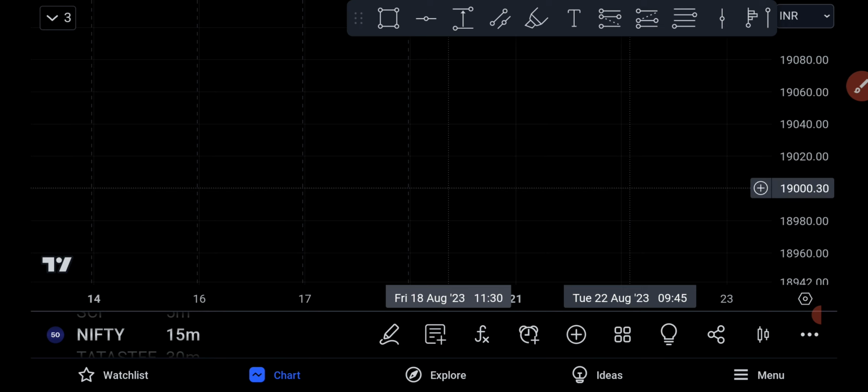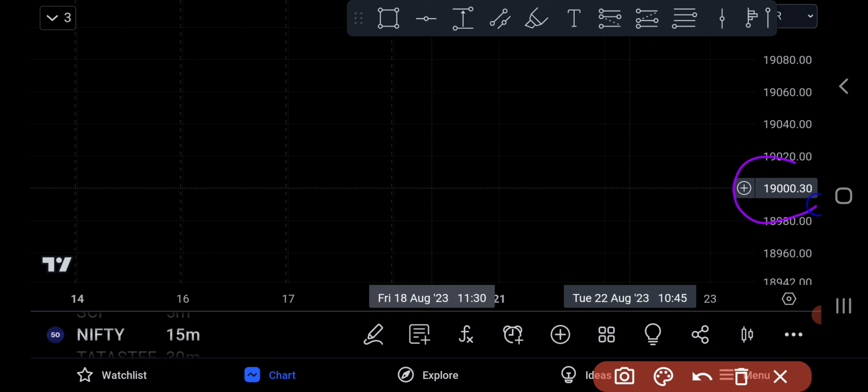So you sell so much quantity at this point, at the 19,000 level. You just bet that the market won't come to the 19,000 level at any cost. If this scenario is right, then you will make lots and lots of money. If it is wrong, the market is coming down and down and crosses this level, then you may lose huge money you can't even imagine in your life.